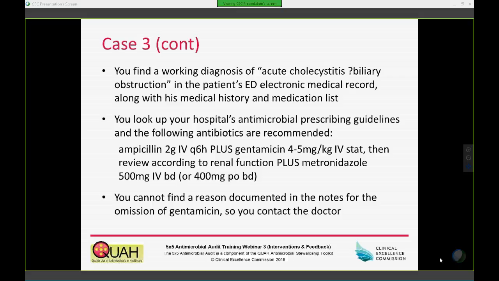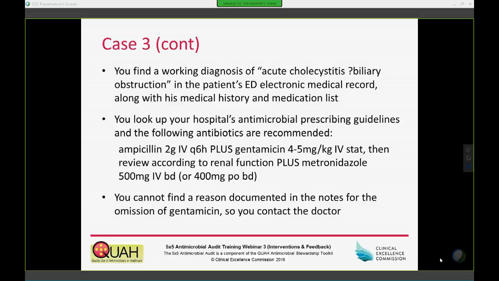Okay, well one of the things we're trying to promote on our rounds is use of our hospital antimicrobial prescribing guidelines. Wow, I didn't even know we had any. I just use TG or prescribe whatever the admitting team are asking for. Oh, that's understandable. Our guidelines are actually very similar to TG, with some changes made based on our local antimicrobial resistance patterns.